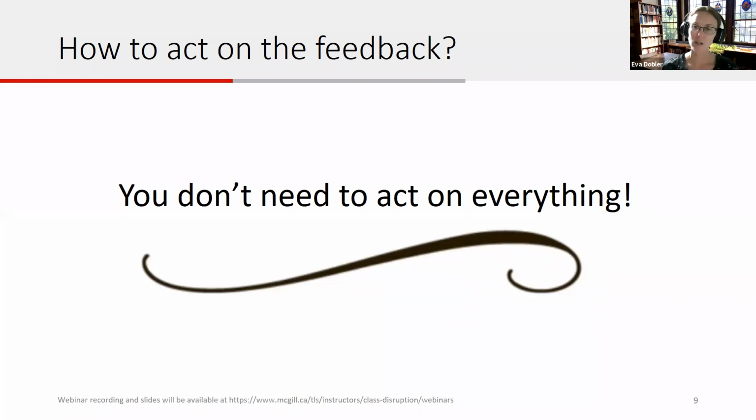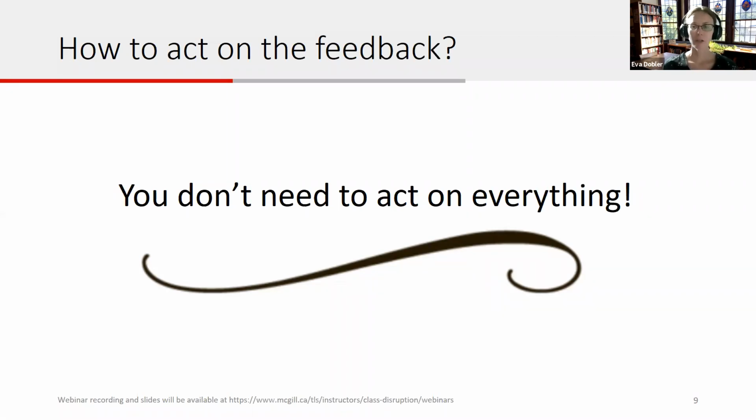And also seize this opportunity to actually highlight to your students what's working well in the course. So if you got a lot of positive feedback on a particular strategy, on a particular assessment, share it with your students. Say, these are the things that seem to be going really well. This seems to be stuff where you really learn well, that helps and supports your learning.